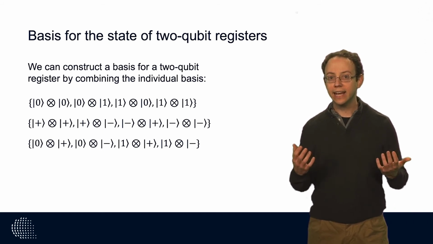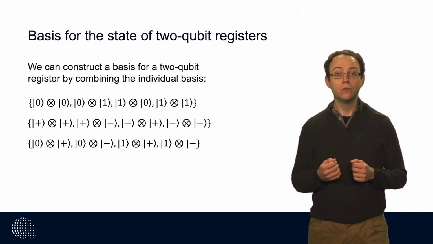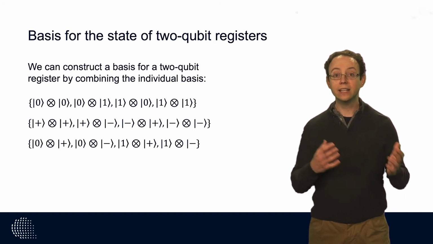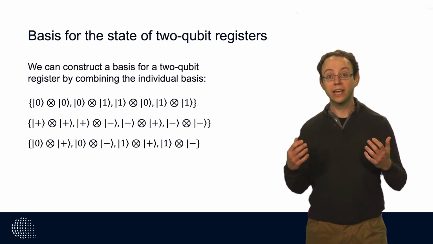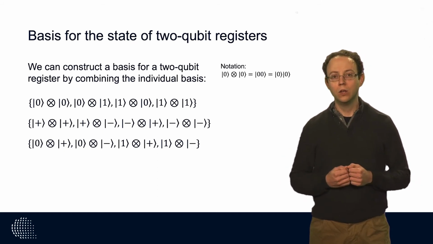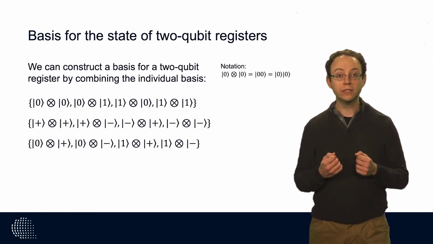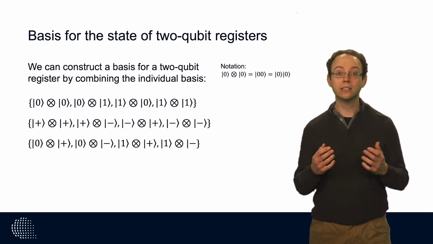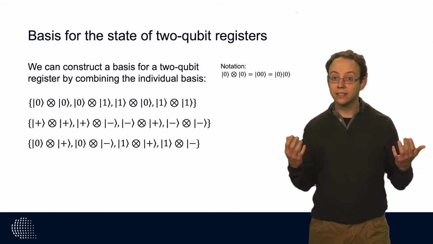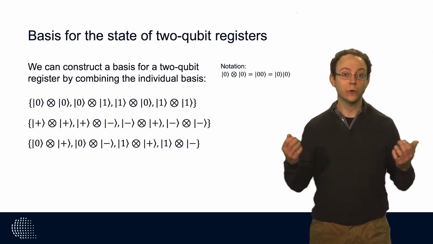This gives us again the same vector as before. For this reason, we identify ket 0 tensor ket 0 with ket 0,0. One final piece of notation to avoid clutter: we will sometimes drop the tensor product and just write ket 0, ket 0 instead of ket 0 tensor ket 0.